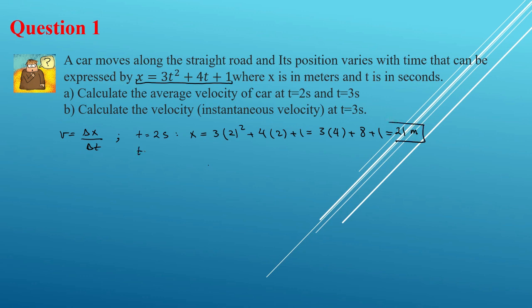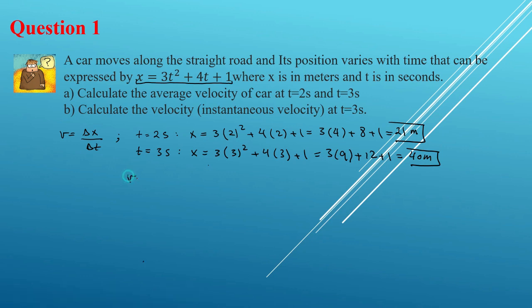And then for t equal to 3 seconds, I have x equal to 3 times 3 squared plus 4 times 3 plus 1, which is equal to 3 times 9, 27, plus 12 plus 1, which is equal to 40 meters, correct?